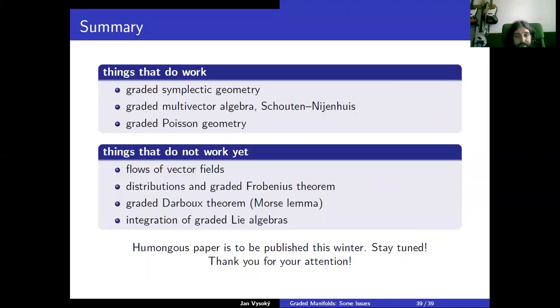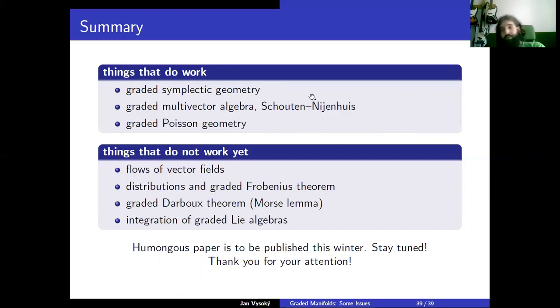So some summaries. For graded manifolds at the present moment, things that work with no big issues are graded symplectic geometry. So you can define a graded symplectic structure with no big problems. You can define not just differential forms, but also multi-vector fields on your graded manifold.